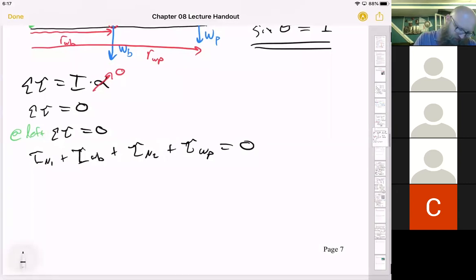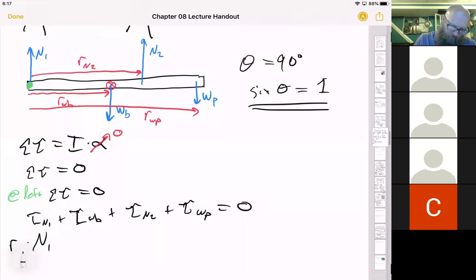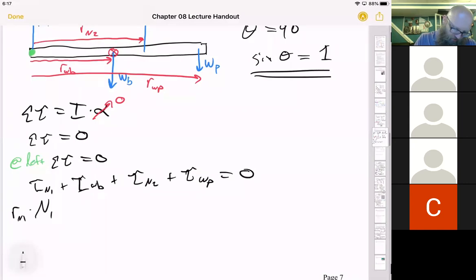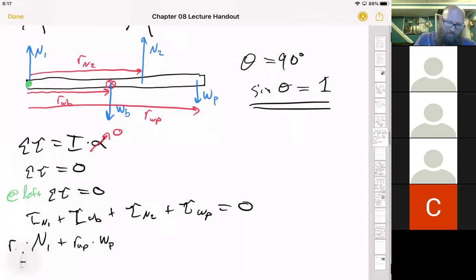Okay, so R normal 1 times normal 1. And then R for the paint can times the weight of the paint can. Now I'm going to be careful here. The weight of the paint can acts down, and around the axis we've chosen, that's counterclockwise.